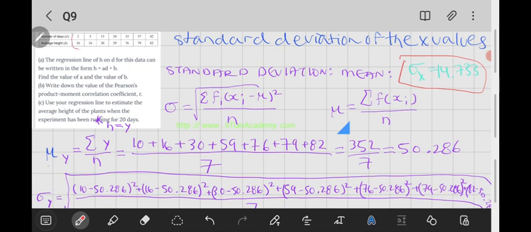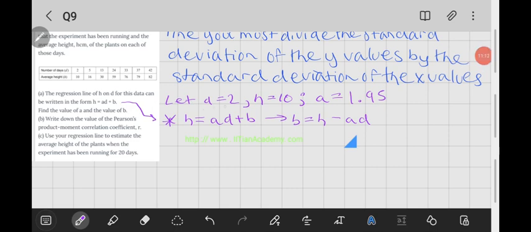And so we can select two of the values so that we can solve for B, since we already have A, and now all we need to solve for is B. So I'm going to select the value for D of 2 and the value of H, I'm going to select 10. Okay, I'll just write this out so that it's clear. So we will let D equal 2, and then our corresponding H value will be 10. And we've calculated A, which is equal to 1.95.